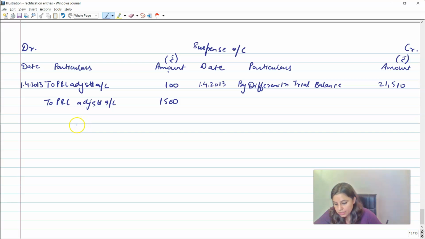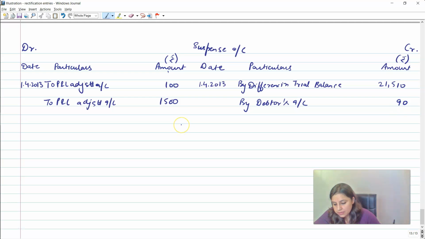Then the third entry did not involve any debit or credit in the suspense account, as the office furniture was directly debited and P&L adjustment was credited. And then the debtors account is debited to suspense account with the difference that was not recorded in the customer's account, 90, right?